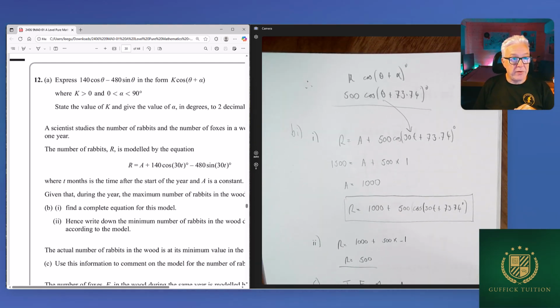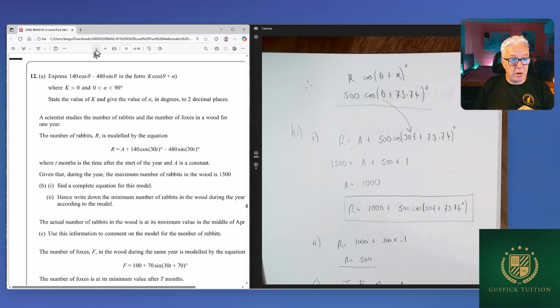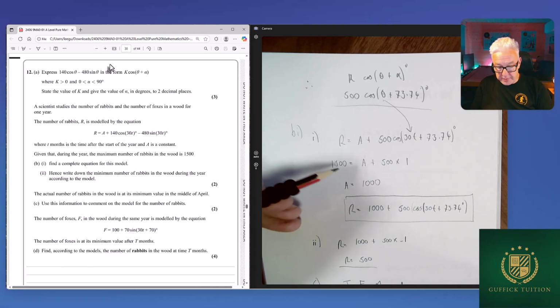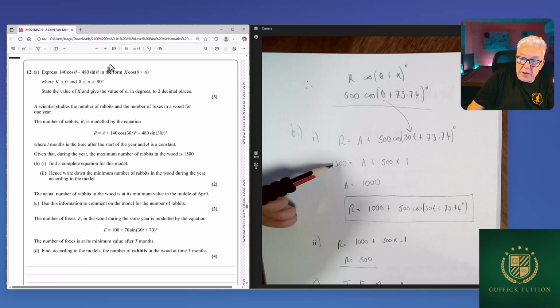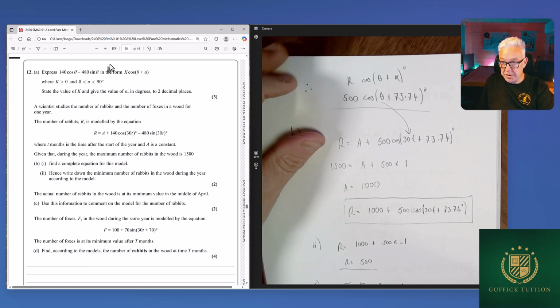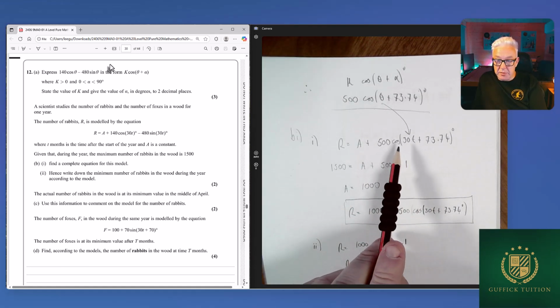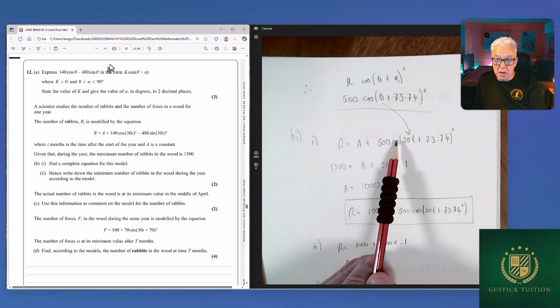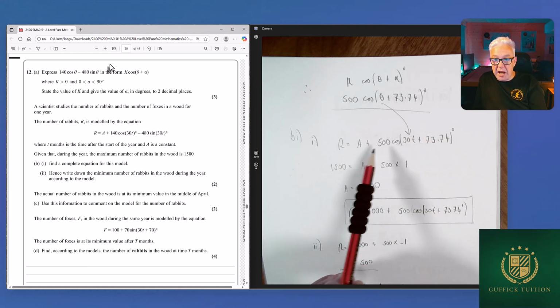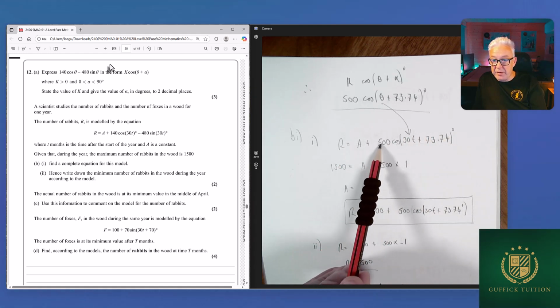Now we've got to find out what's going on with the maximum number of rabbits. The question tells us the maximum number of rabbits is 1,500. That's going to occur, and this is an idea that students find a little bit troublesome when they first see this topic, when this expression is 1, because you're going to have something add 500 times 1.